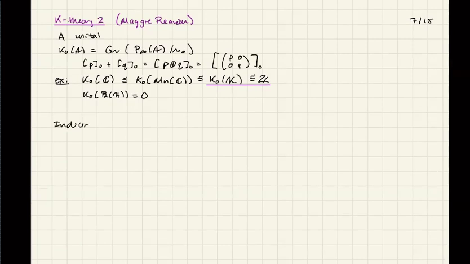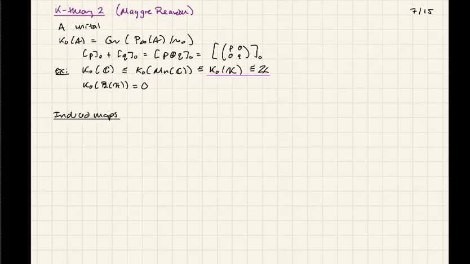So we have this notion of maps between C-star algebras. It's a star homomorphism. We would hope that that would give us a map on K-theory, and it does. So let's say that we have a star homomorphism, I'm going to call it phi, between, let's say unital C-star algebras for right now, and we'll call them A and B. Then we can define the induced map on their K0 groups, and we call this induced map K0 of phi.